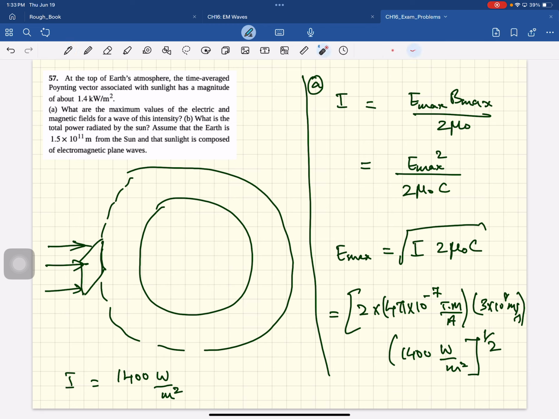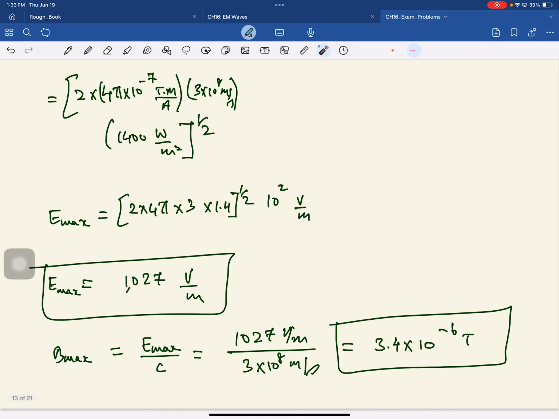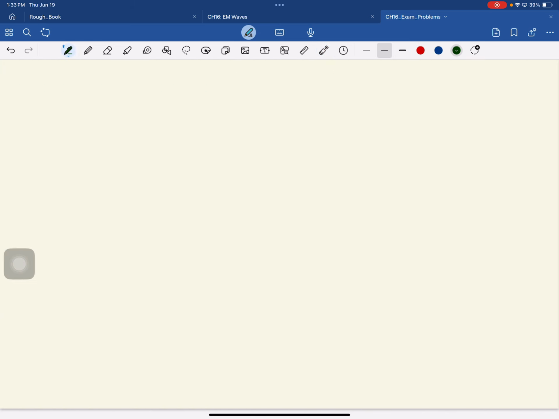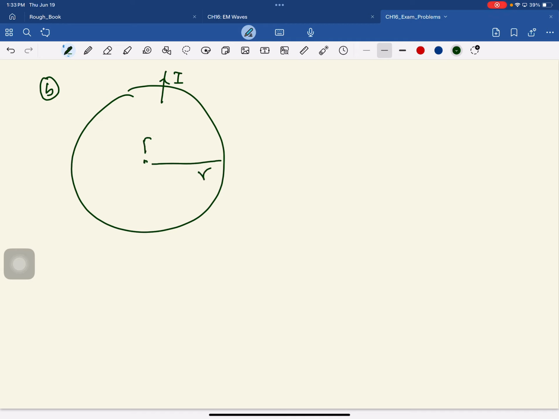Now, what is the power radiated by the sun? Assume that the Earth is 1.5 times 10 to the 11 meters from the sun. Again, the intensity at this point. So power. The intensity is power divided by 4 pi r square.